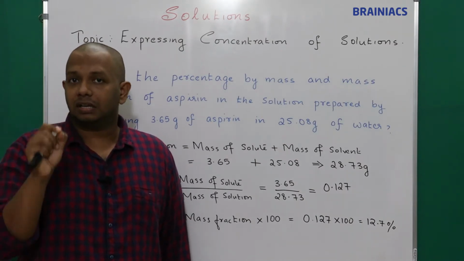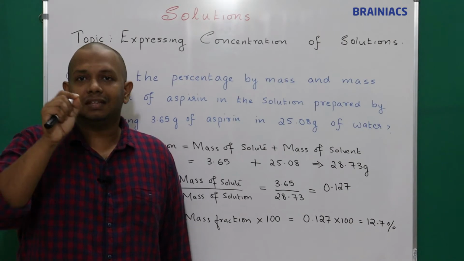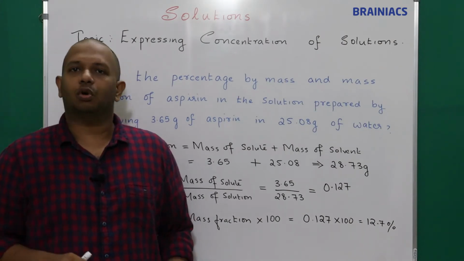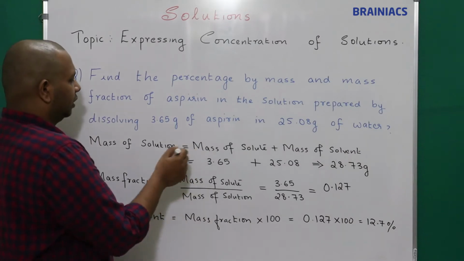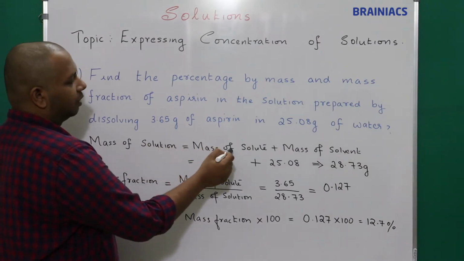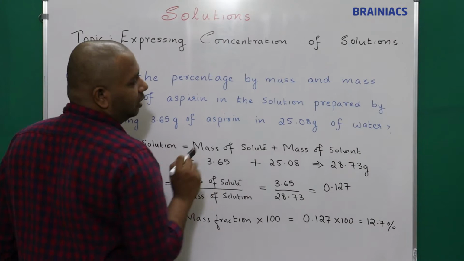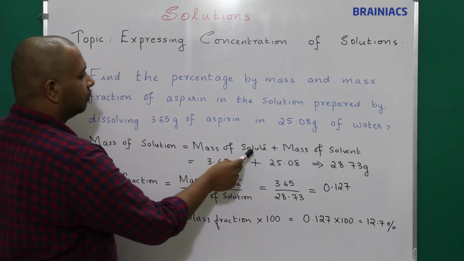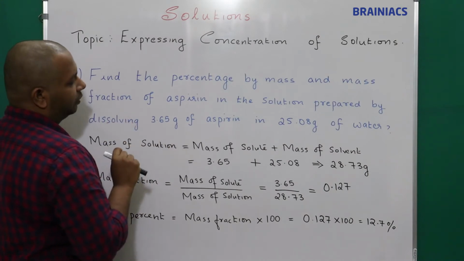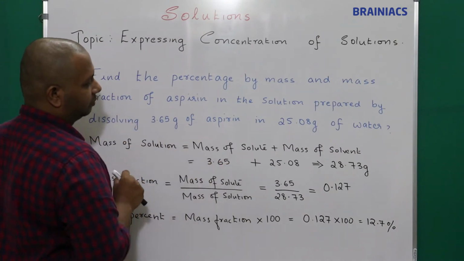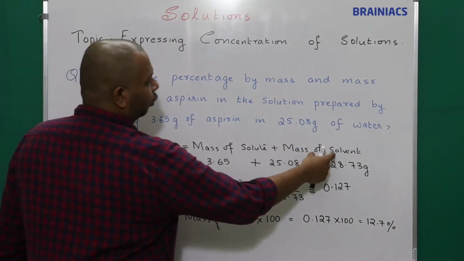How are you getting a solution? It is by mixing solute with the solvent. So mass of the solution is nothing but mass of the solute plus mass of the solvent. The solute is aspirin and its mass is 3.65 gram, that I have substituted here. And what is the solvent?